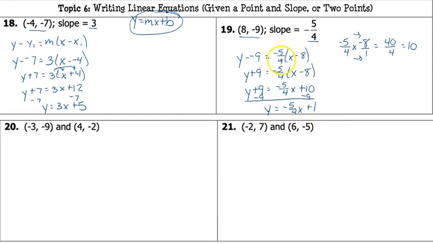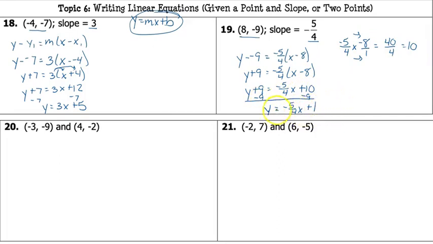Now, hopefully that fraction didn't get you too bad. Negative 5/4 times negative 8. Remember when we multiply fractions, we put our whole numbers over 1. We multiply straight across, so negative 5 times negative 8, positive 40. And 4 times 1 is 4. So 40 divided by 4 equals 10. And then we just plug that in. We move the 9 over, and there is your final answer.